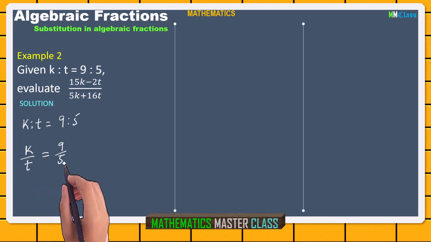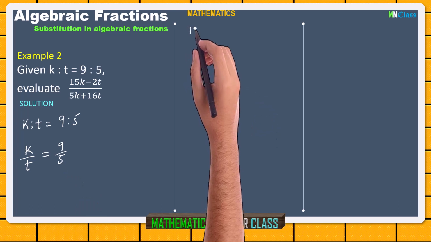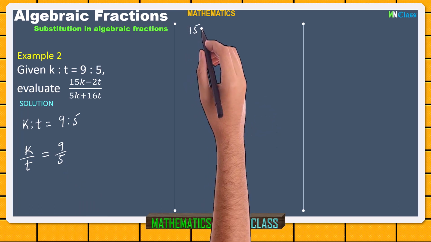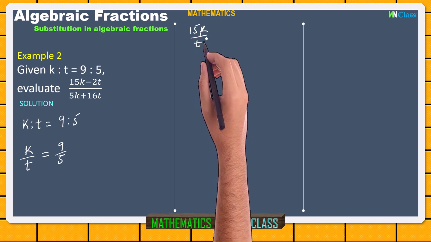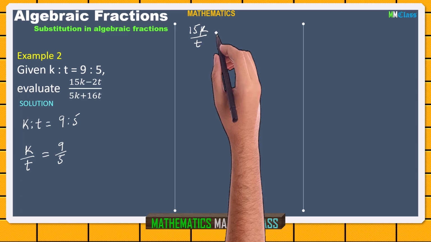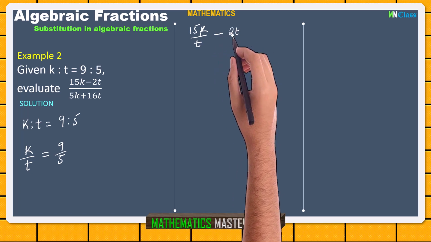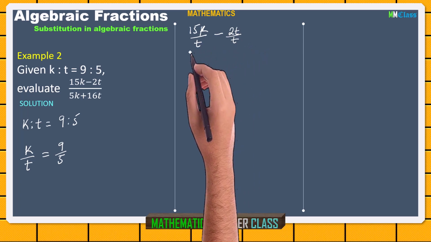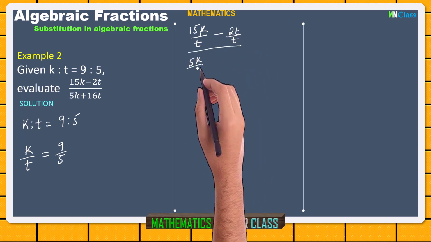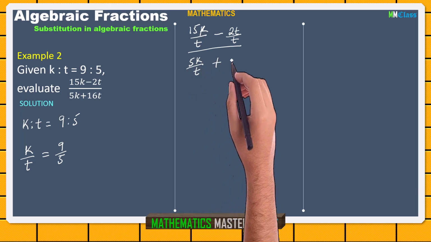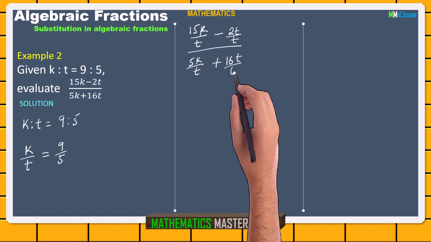So when we go back to our equation, we have 5k over t minus 2t over t, all over 5k over t plus 16t over t.